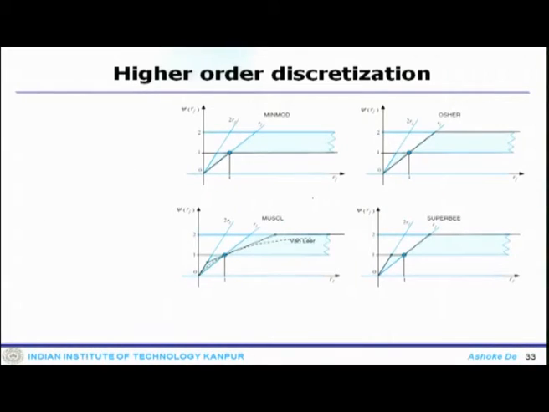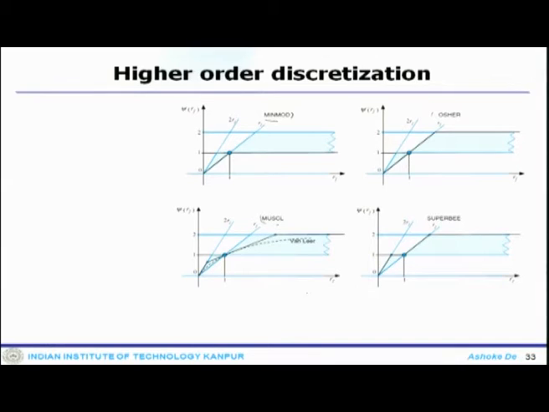So, here we can see some of these limiters like the min-mod limiter, Ussher limiter, Marshall limiter. So, these are all shown in the psi R diagram.